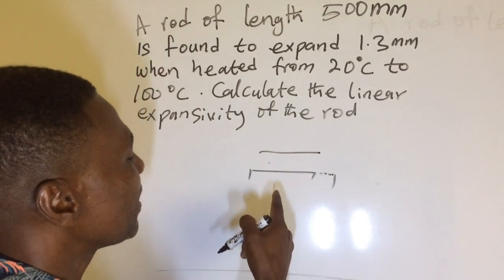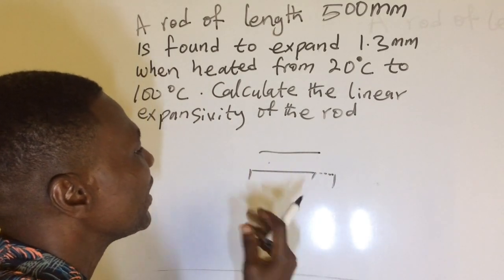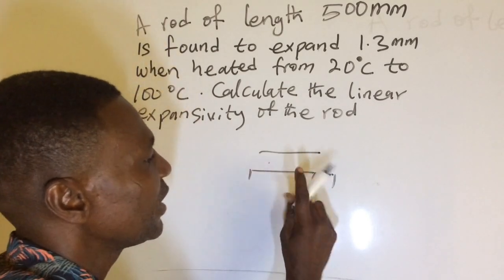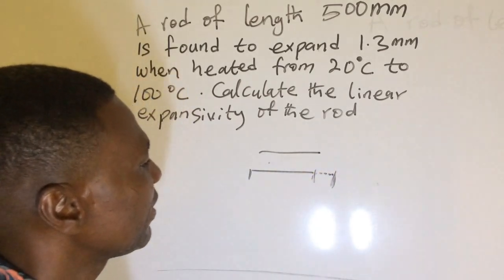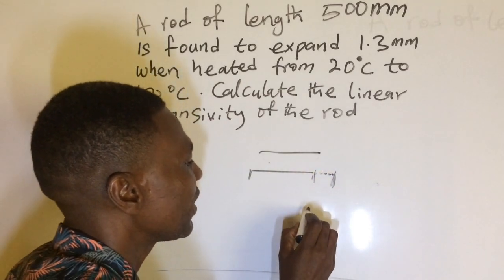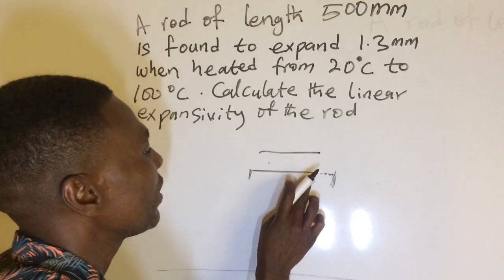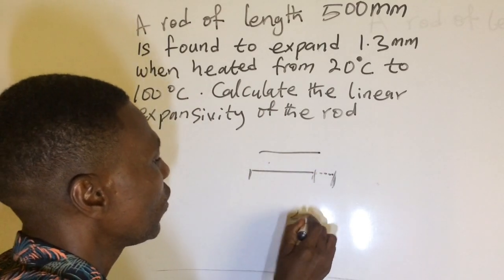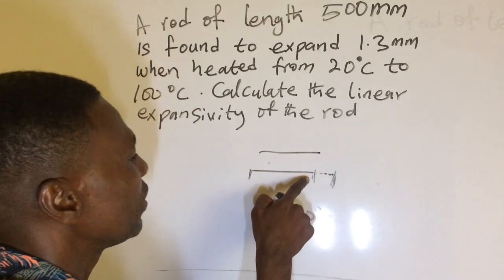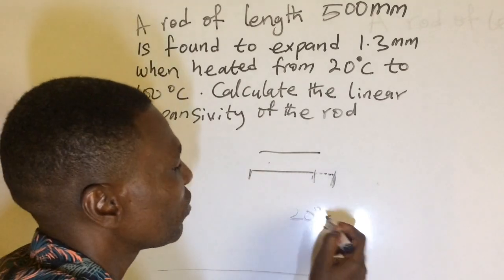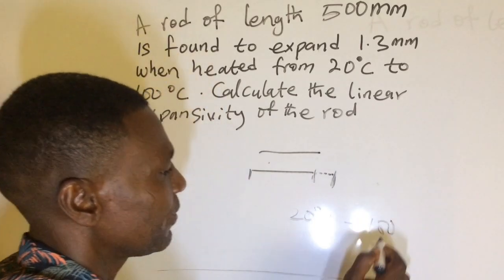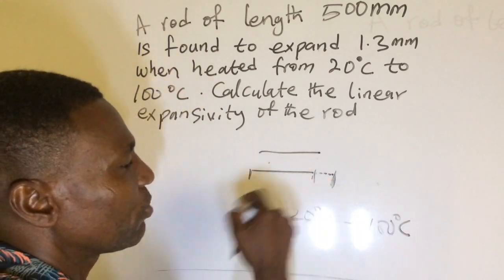So the linear expansivity is the expansion, is this increase in relation to the temperature. If the temperature is 20 degrees Celsius, the original length is this. But when you start heating it up to 100 degrees Celsius, it has increased up to this.